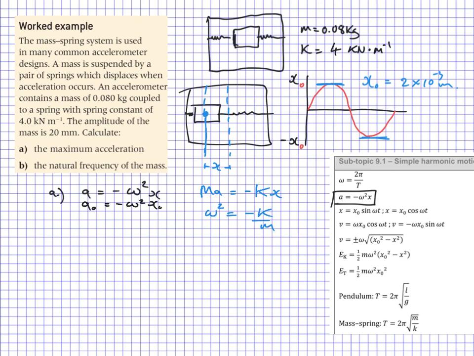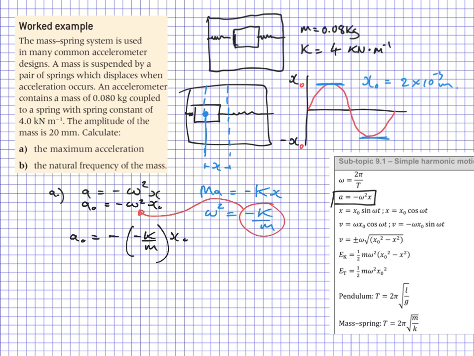We've done this before, and this now gives me a reason to implant this part of my equation into this statement here. So I can get to a point where I can say the maximum acceleration is going to be equal to negative k over m and then x naught.